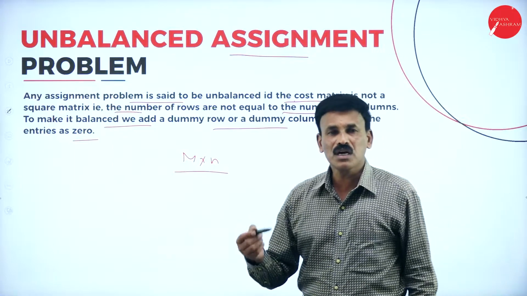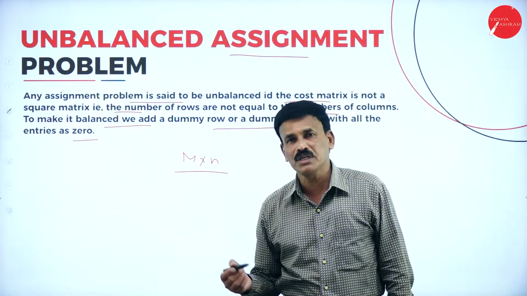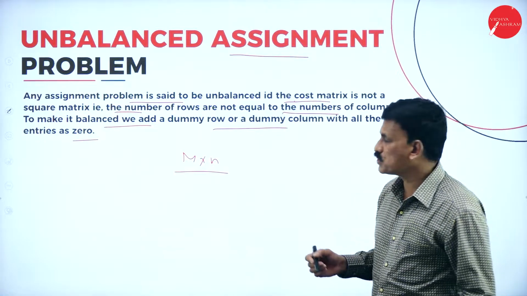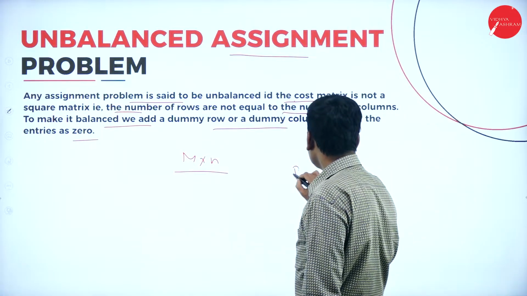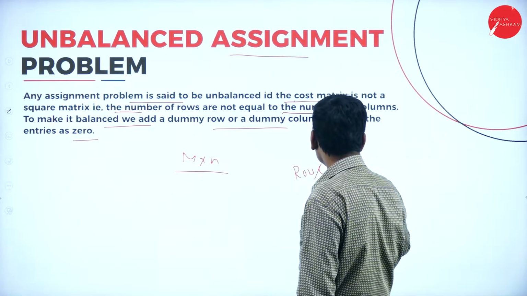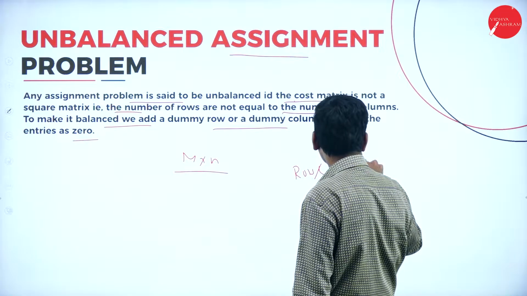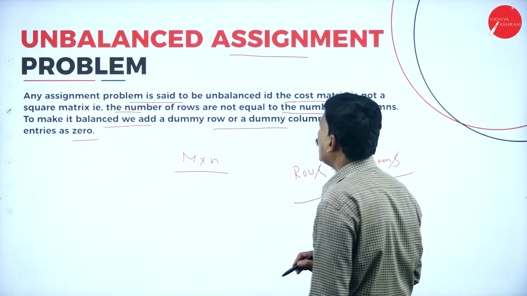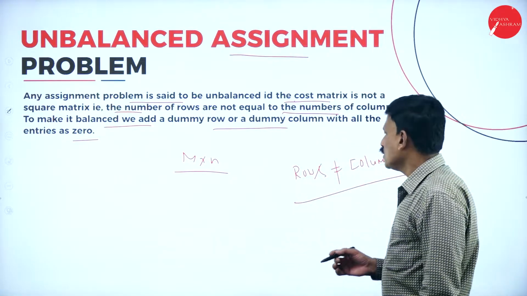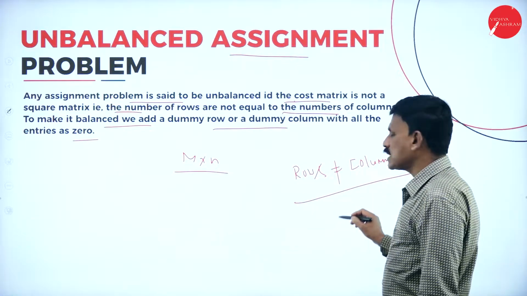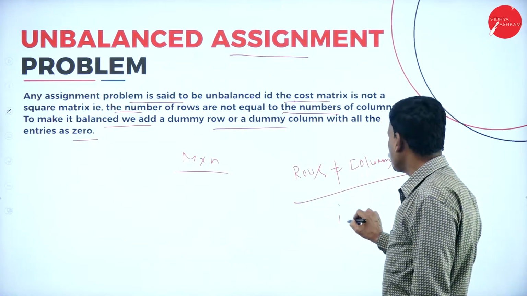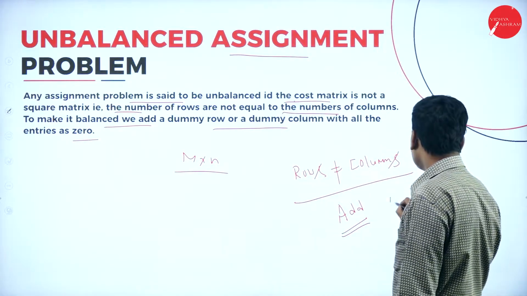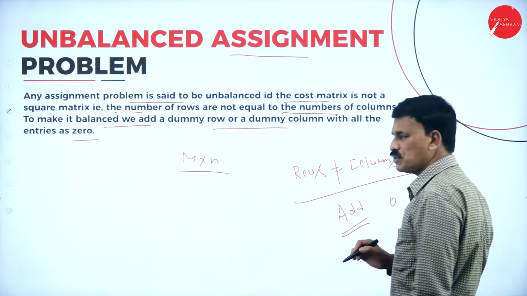So here, if the number of rows is not equal to the number of columns, then the problem is said to be an unbalanced assignment problem. To convert it, we add a dummy row or a dummy column with all the elements as 0.